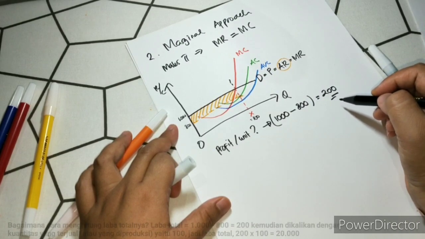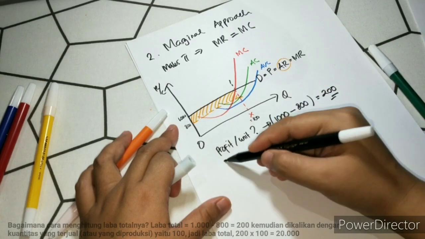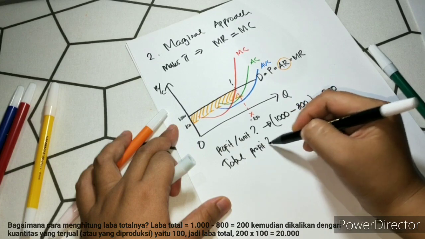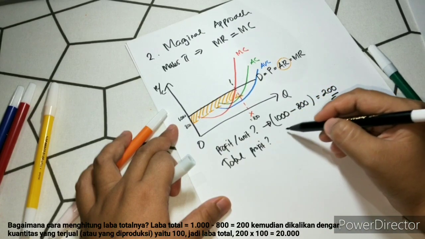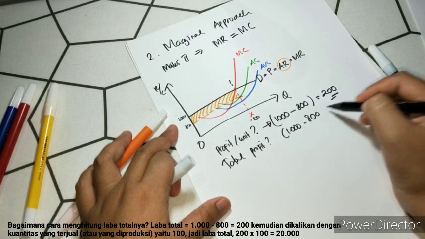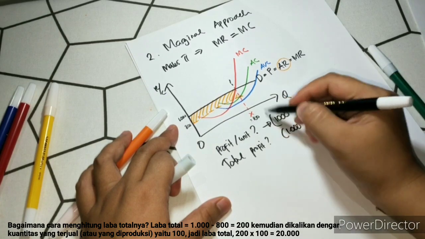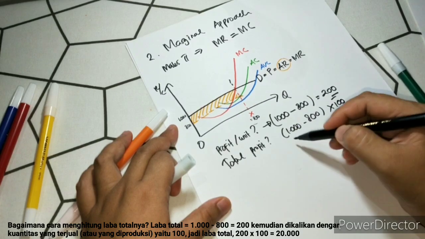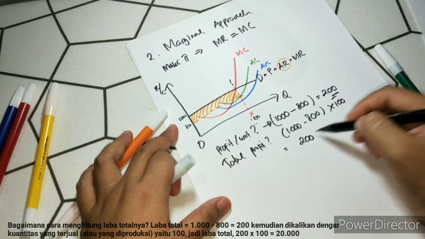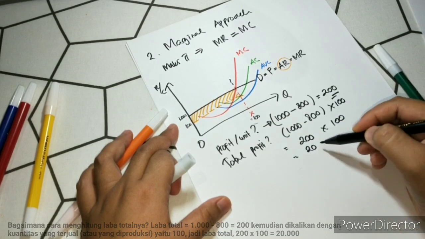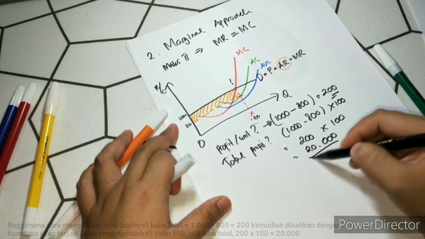And how do we calculate the total profit? The total profit will be 1000 minus 800, times the quantity sold, or the quantity produced, 100. That equals 200 times 100, which equals 20,000.